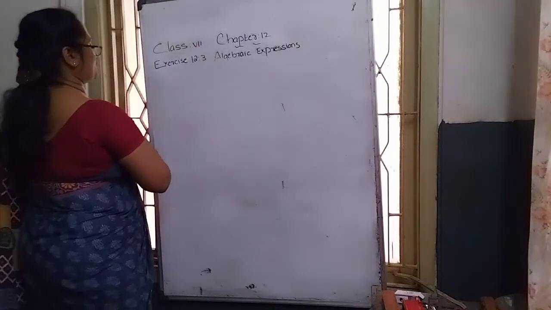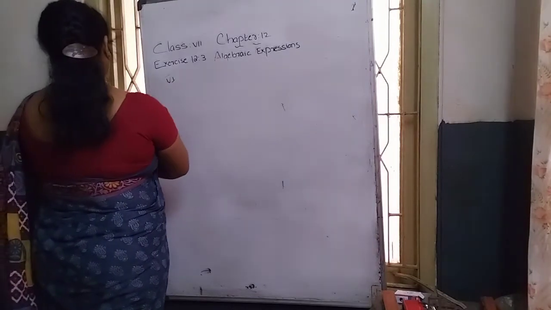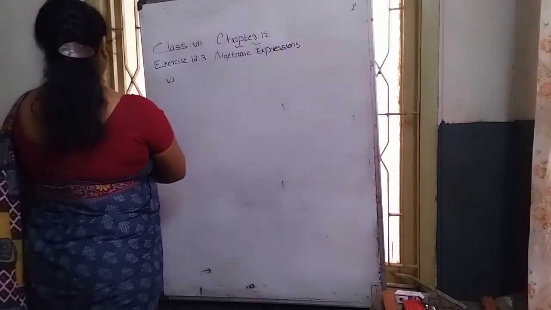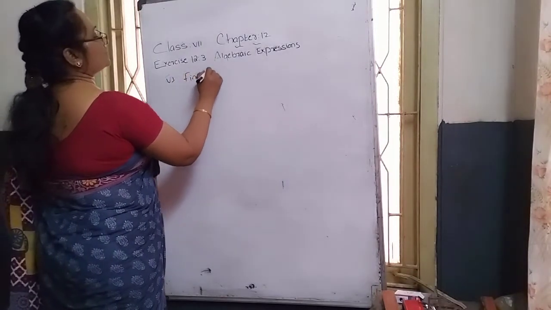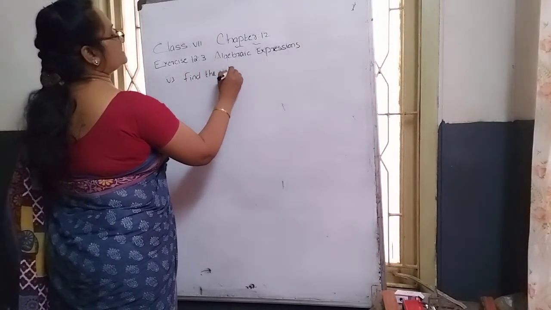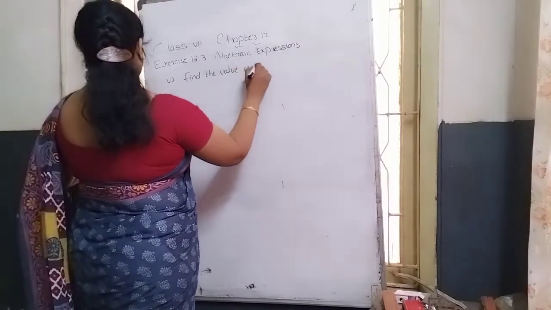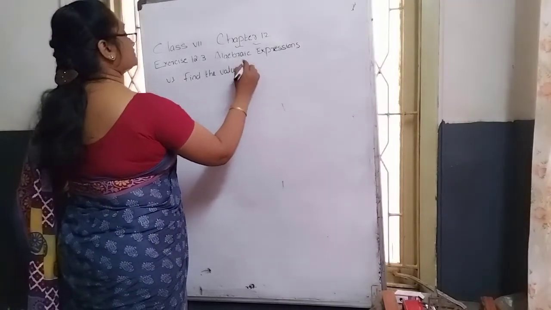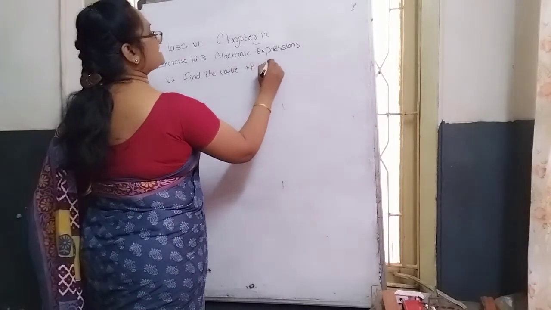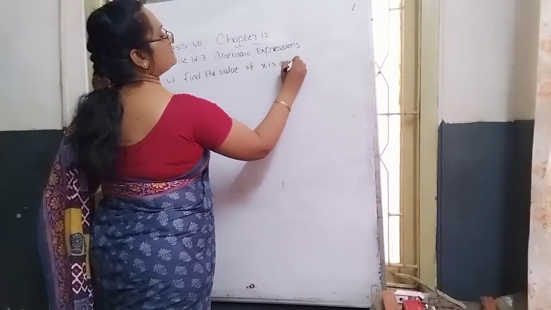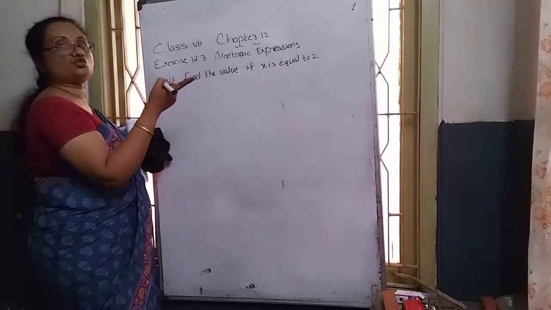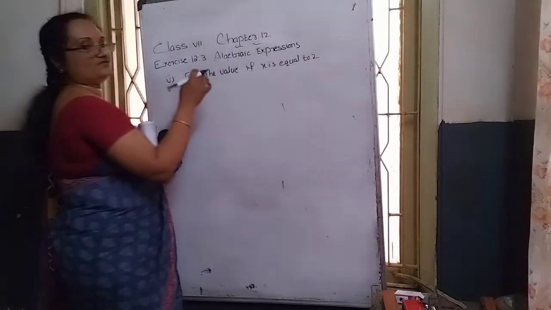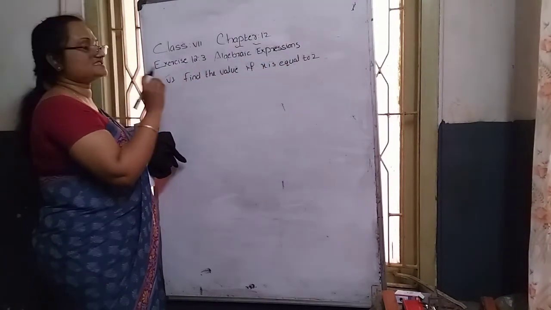Next, sixth Roman case. In the sixth Roman they say to simplify, find the value of x if x is equal to 2. The value of x is equal to 2. The sentence is given, we want to write it in a symbolic way.